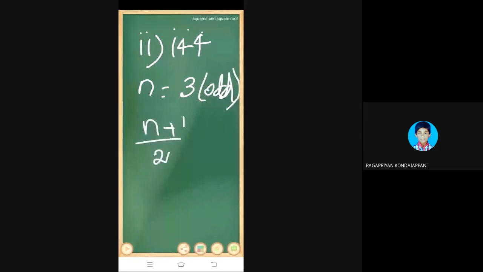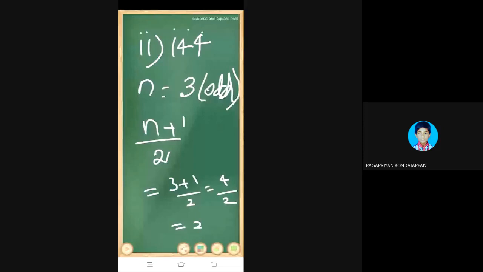The answer is 2, ma'am. So finally you should write: the number of digits in the square root of 144 is equal to 2.